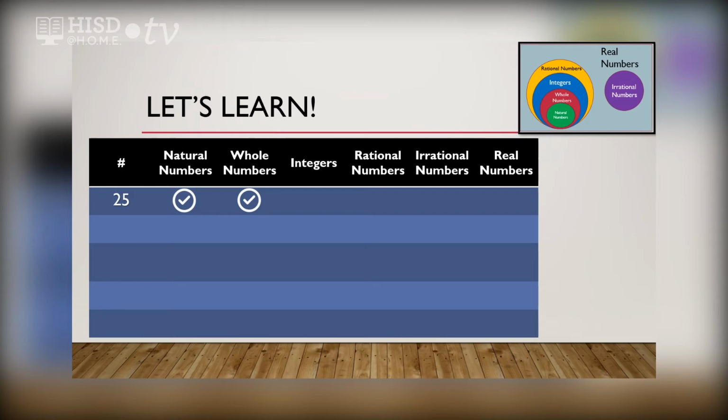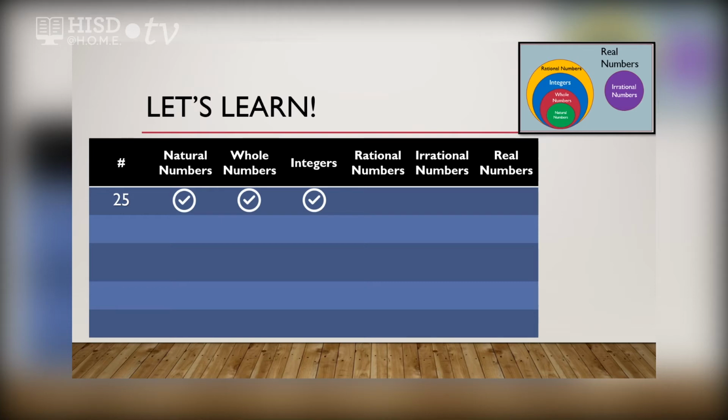So now you can see the pattern that is going to start appearing here. Of course, you see that the whole numbers are a subset of integers. And that means that the number 25, well, you guessed it right, is part of the integers. And I can further see that the integers are also a subset of rational numbers.